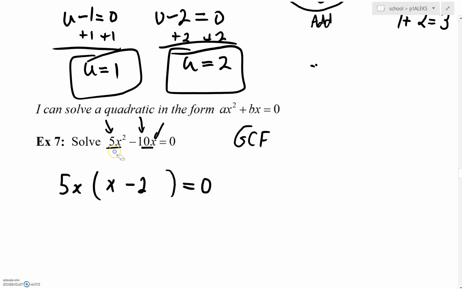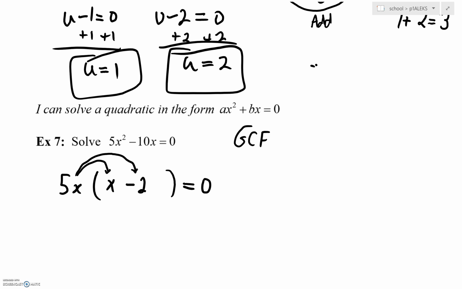So that's really what's going to happen here. If you're ever worried or nervous that you've not factored correctly, you can redistribute, you could remultiply. 5x times x is 5x squared, and 5x times minus 2 is minus 10x.